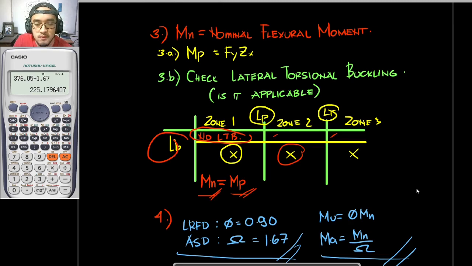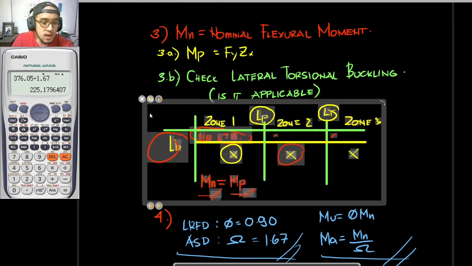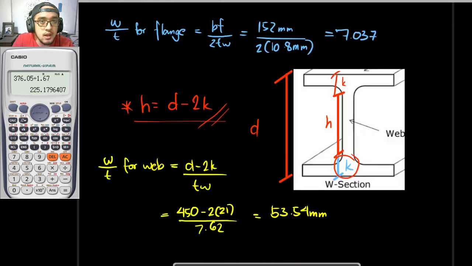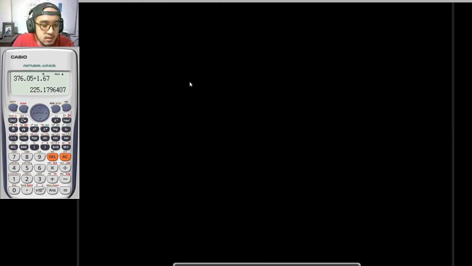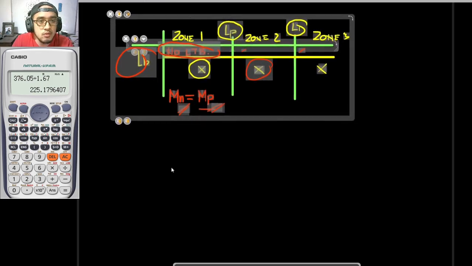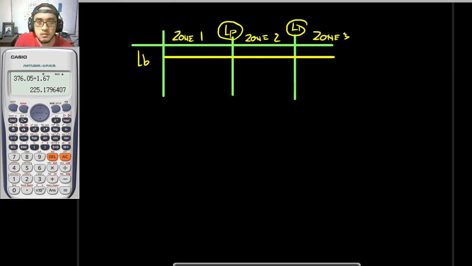To save me some time in drawing this table, I would just be copying it and pasting it to the last page, so I would be using this instead. Since it is said in the problem that the unbraced length is 3 meters, our LB would be 3 meters, or in millimeters, 3,000 millimeters.